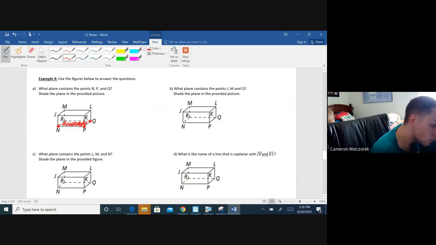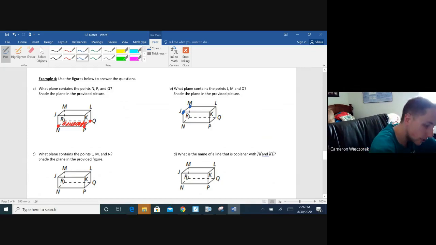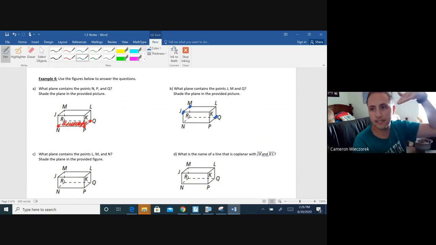In B, what plane contains the points J, M, and Q? Let's do blue this time. Here's J, here's M. And this is what I'm talking about when I say it might not be one of the 6 faces that you see in the picture. J and M are on the top plane, and Q is on the bottom plane. So how do you make a plane that goes from the top to the bottom? You've got to sketch it in. It's like a slide.